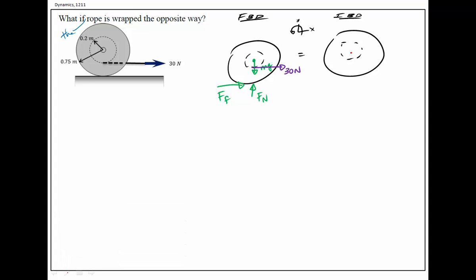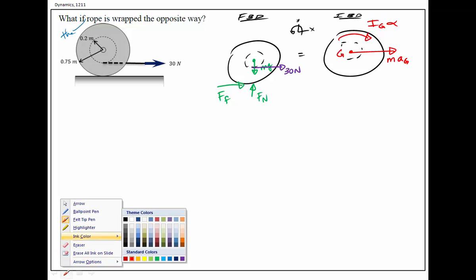Now our accelerations are going to be mass times acceleration at G, point G right here, and we'll also have, once again, the mass moment of inertia times alpha. Now everything is the same in terms of the slip criteria, but let's go in the x direction here.